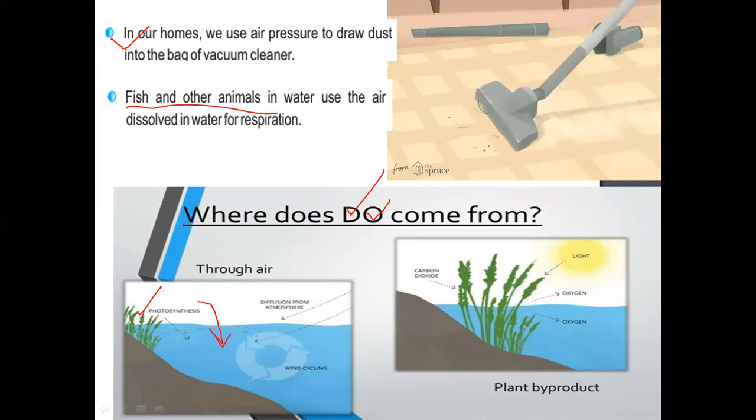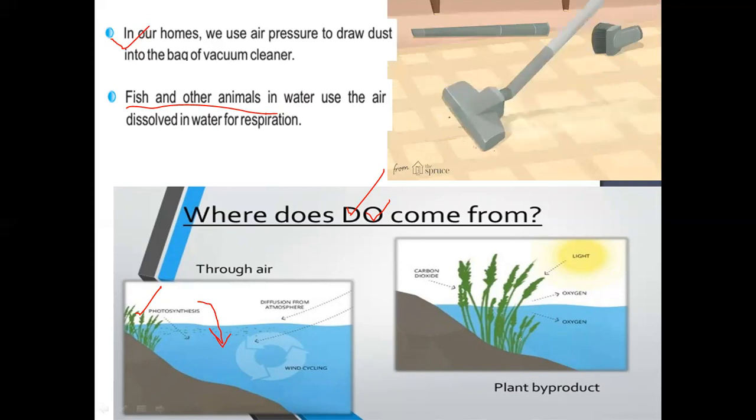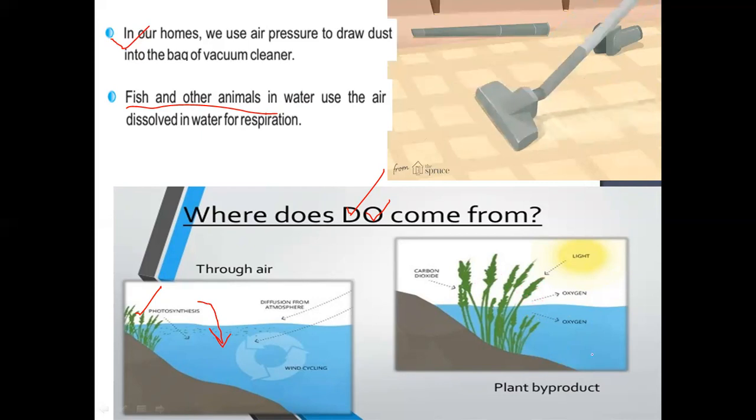In the water, lots of plants are present, so the plants release oxygen as well as carbon dioxide into the water, and these gases are dissolved in the water, which are utilized by other organisms.